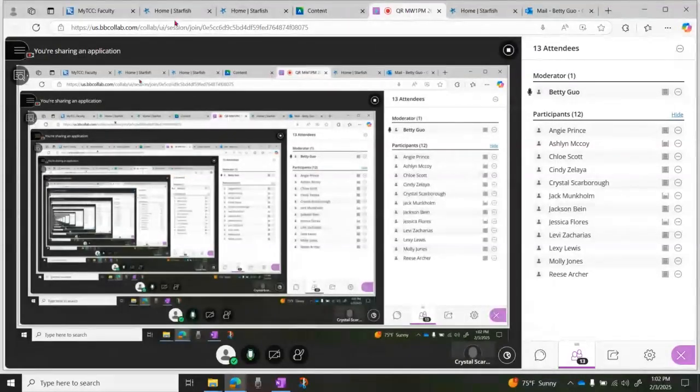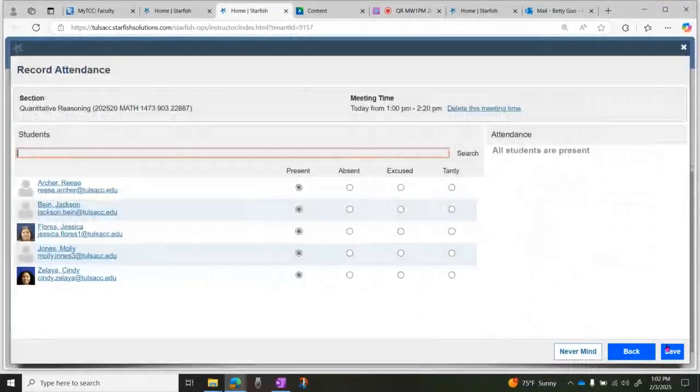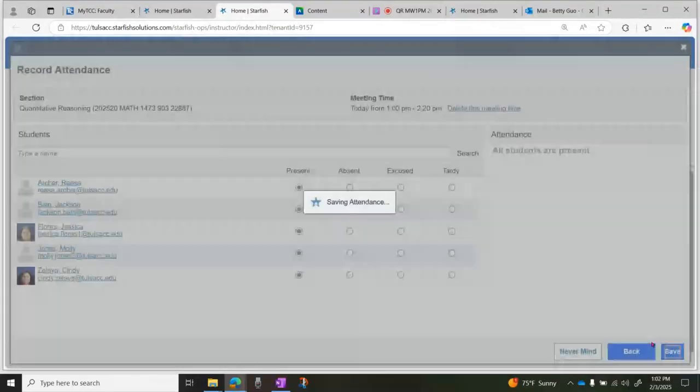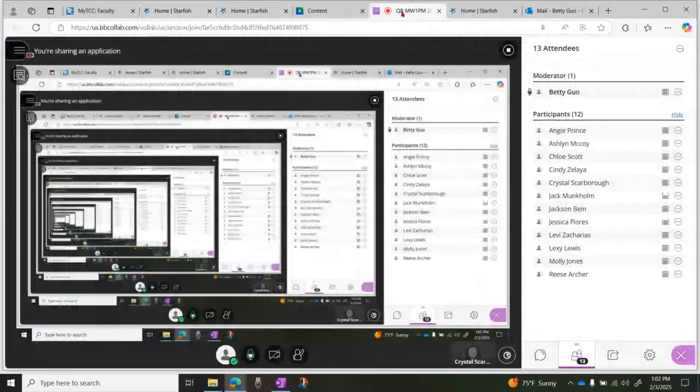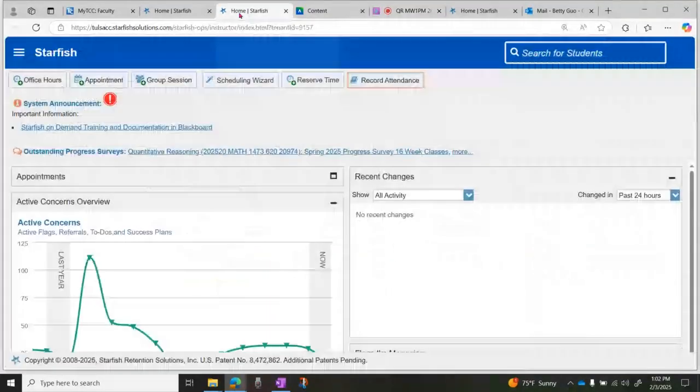Cindy is here, awesome. This section, all are present. And this section, Emerson. Suddenly we lost one? Oh, still 12.